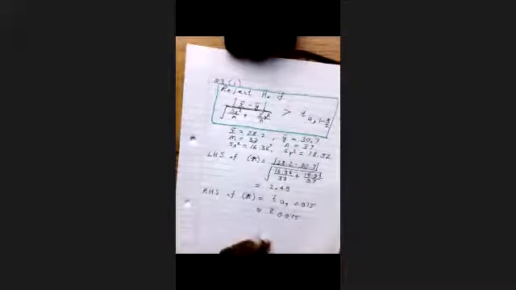This is allowed because of the large sample sizes. You should read this off the normal table, which is much easier. This is 1.96. So this is the left-hand side and this is the right-hand side.